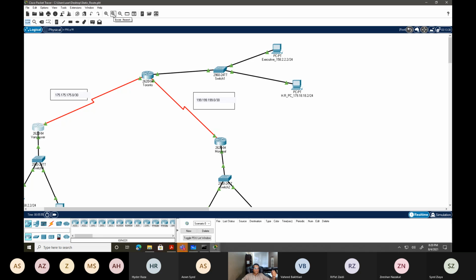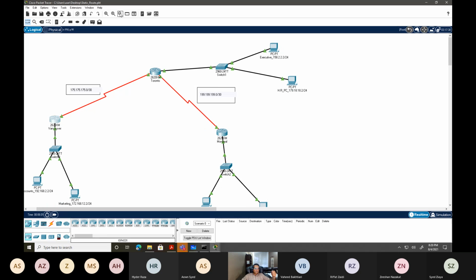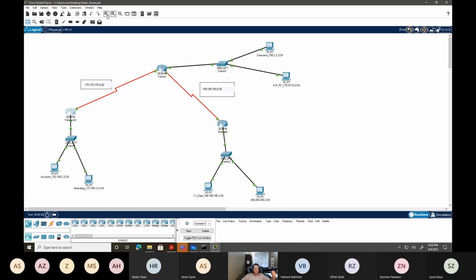No, it's not the magnifier, use the other one, on the left side, left side. Oh, here you go, right here. Okay.